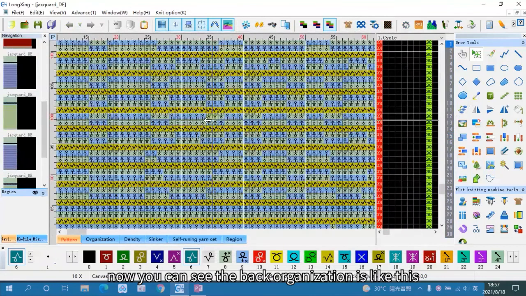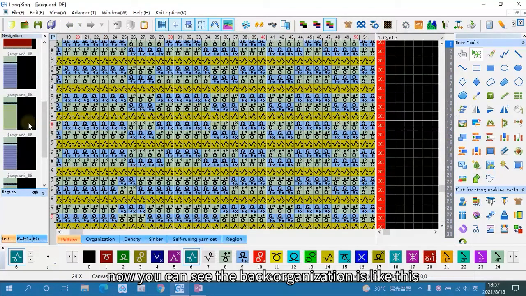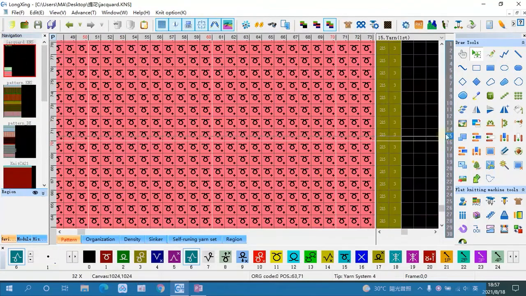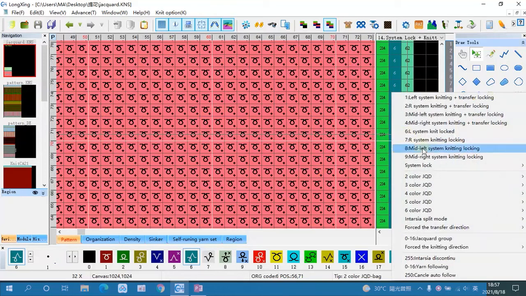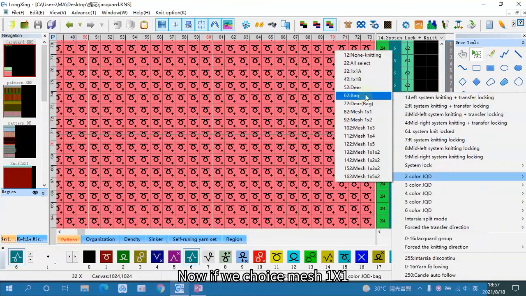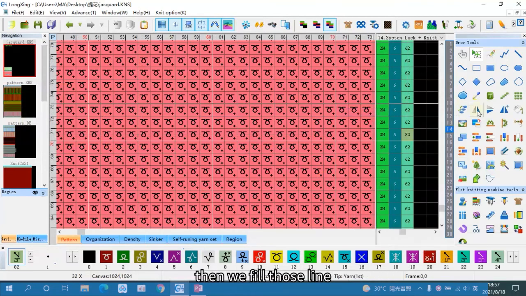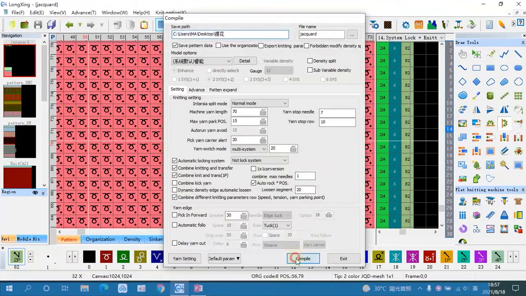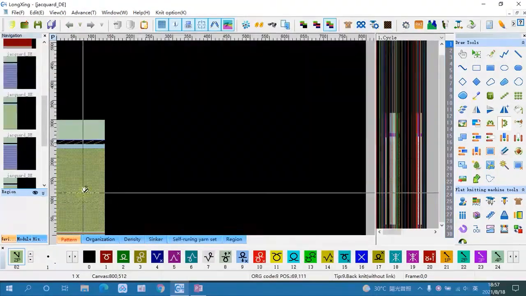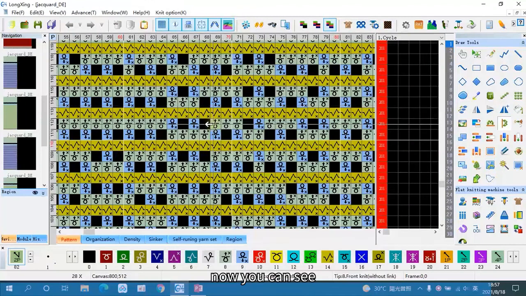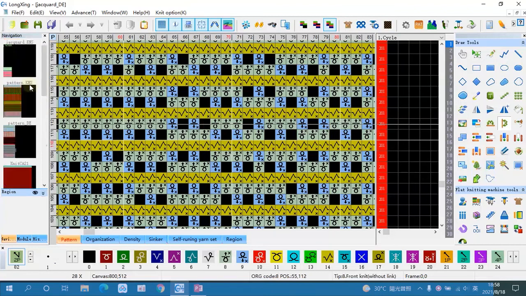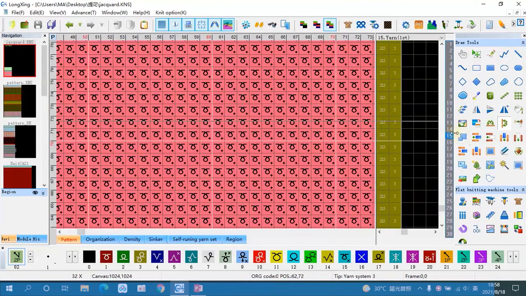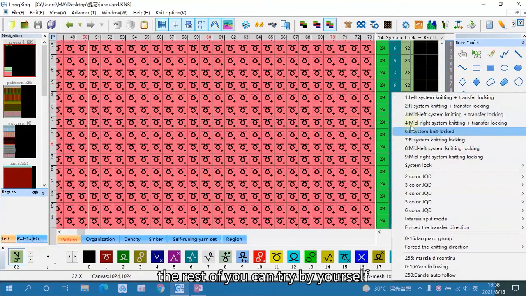Now you can see the back organization is like this. Now if we choose match one by one, then we fill those lines, then compile. Now you can see the back organization is like this. The rest of you can try by yourself.